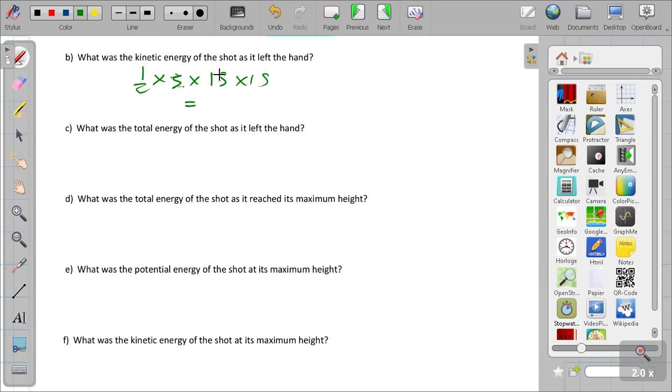Five times 15 is 75, 75 times 15 is 1125. Divide by 2, sorry, so it is 562.5 joules.